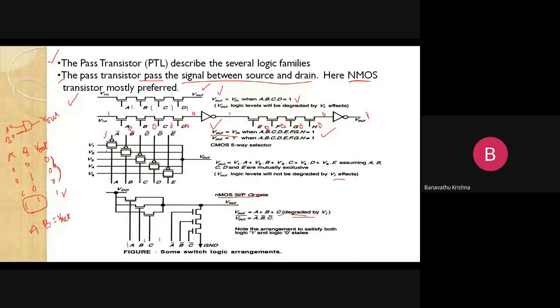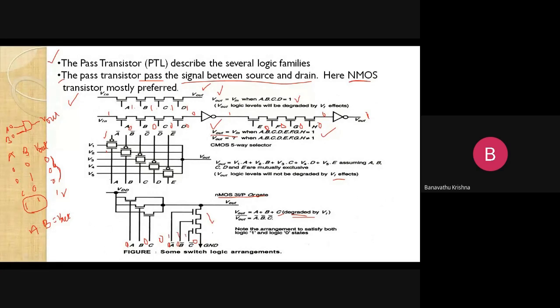Similarly, suppose A, B, C are all zeros, then the output is going to be zero. The bars are applied at A bar, B bar and C bar, nothing but 1, 1, 1.